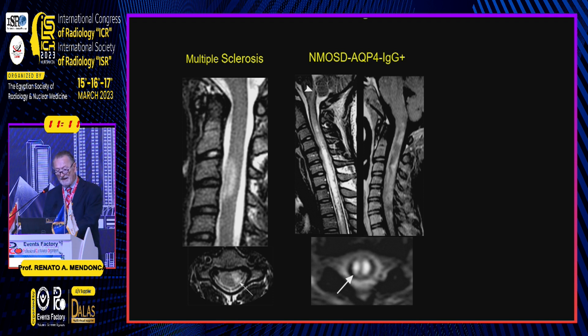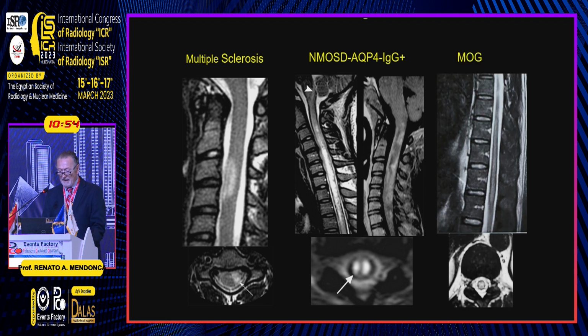And we have this kind of cavitation or necrosis that may be found in the complete cases, with all the complete findings. And this is the finding most commonly seen with myelin oligodendrocyte glycoprotein. They are not absolutely pathognomonic, but it's most commonly present this way.